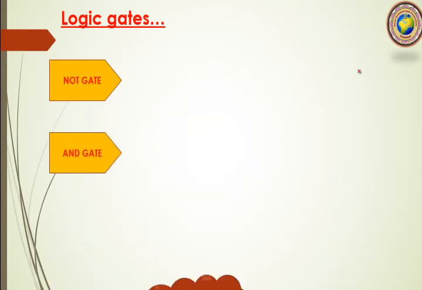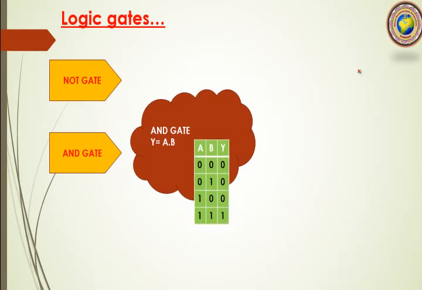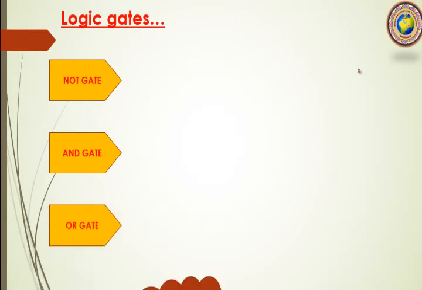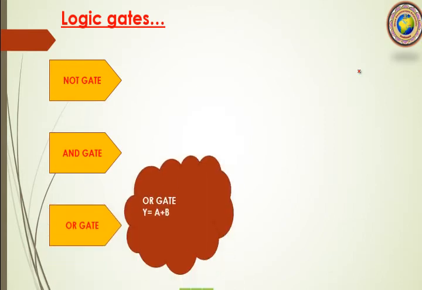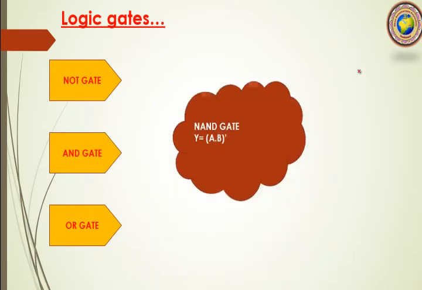In the same way the AND gate, y is equal to A dot B, and output is 0 0 0 1. Our inputs are fixed: 0 0, 0 1, 1 0 and 1 1. Then the OR gate: y is equal to A plus B, and our output changes to 0 1 1 1. So these three gates are the basic gates, and you have to remember these three gates.